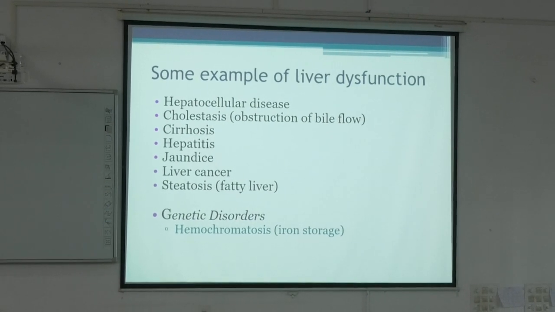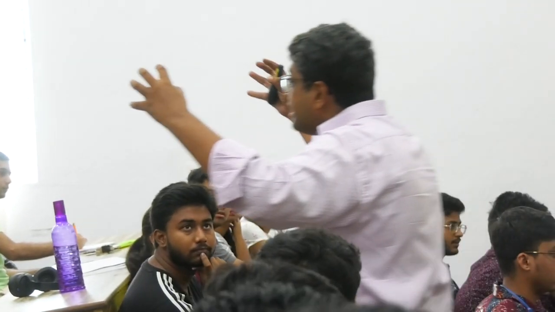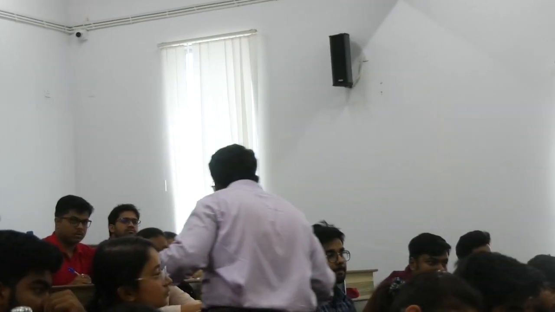So what things can happen that will cause injury to the liver? If you remember your anatomy classes, liver consists of a cluster of hepatocytes. These hepatocytes are connected by small pipes called hepatic canaliculi. The entire network of canaliculi will come together to form the common hepatic duct.